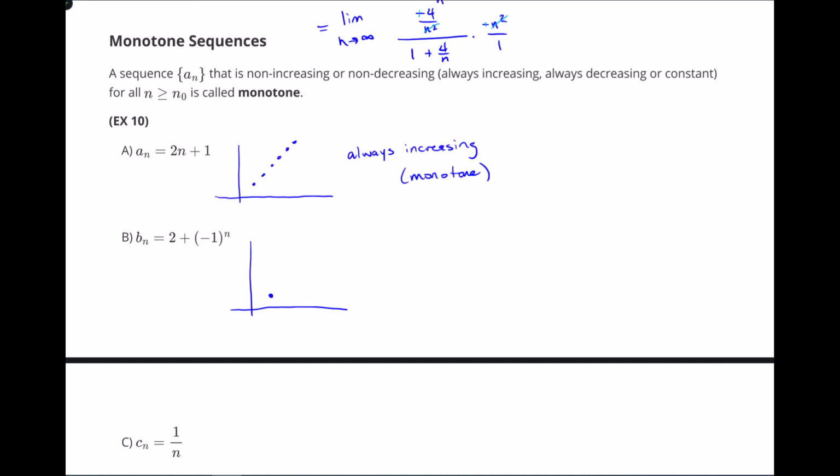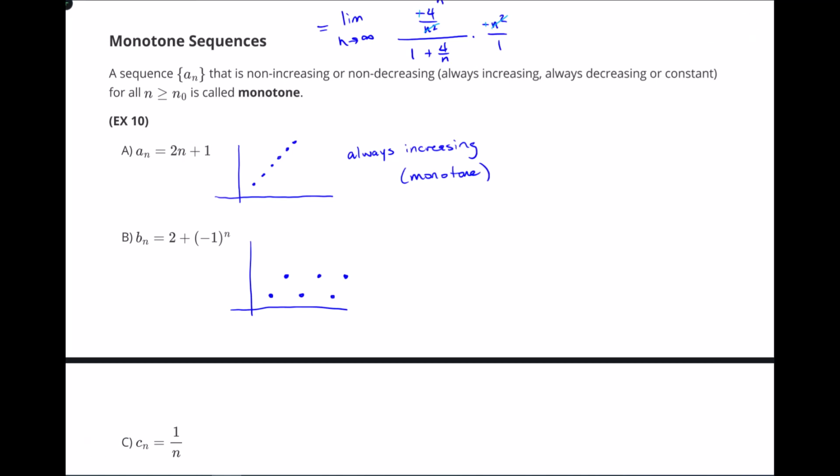So 2 plus positive 1 is 3. When n equals 3, 2 plus negative 1 to the third would be 2 plus negative 1, which would be 1. And then the pattern would just continue to repeat in this form.